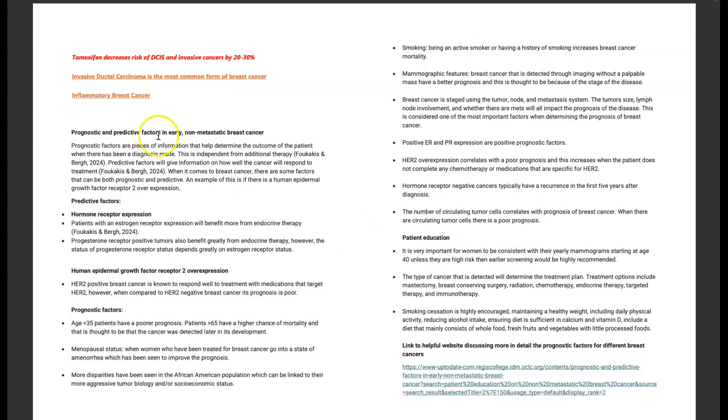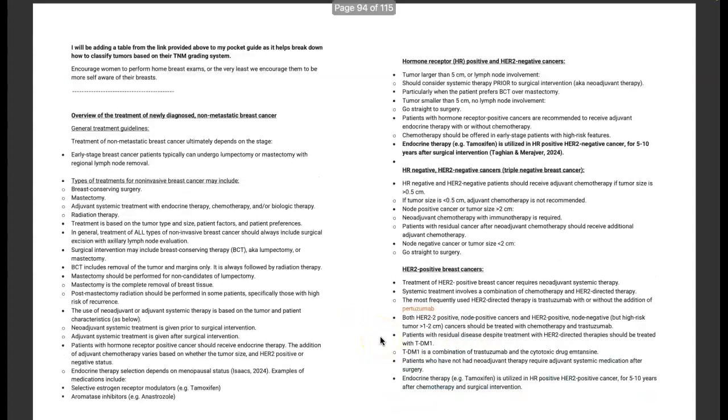And then I did prognostic and predictive factors in early non-metastatic breast cancer. And then I went over human epidermal growth factor receptor 2, so I have information on that. And then I have links here for the detailed prognostic factors for different breast cancers, and I'll have those for reference.